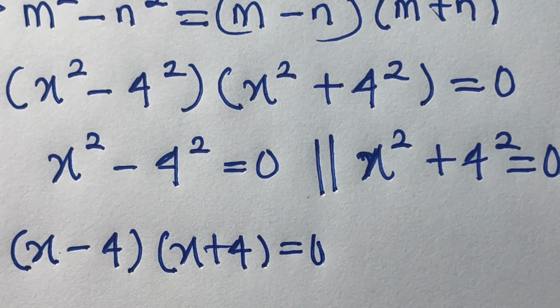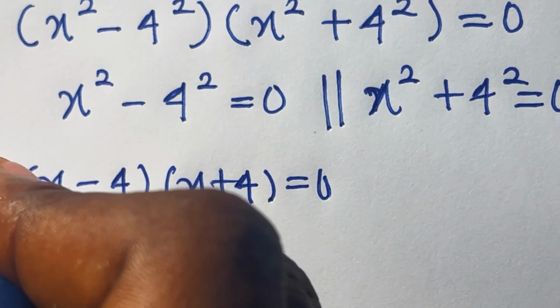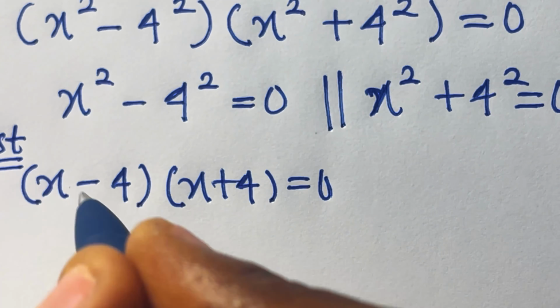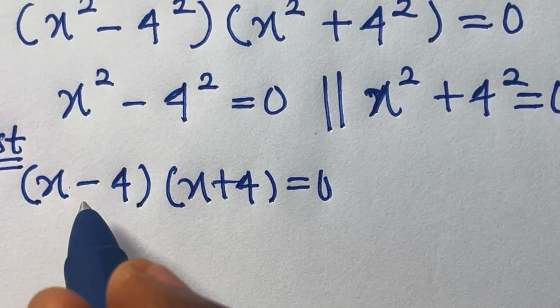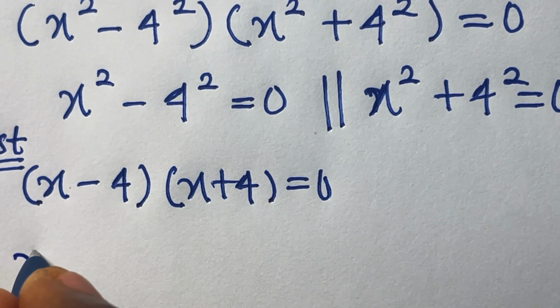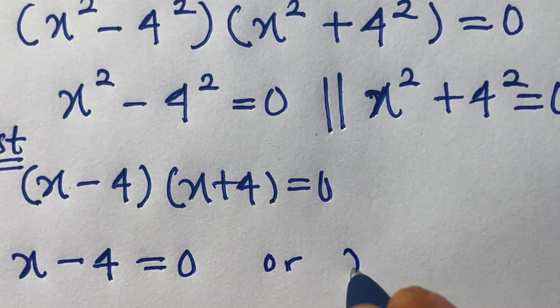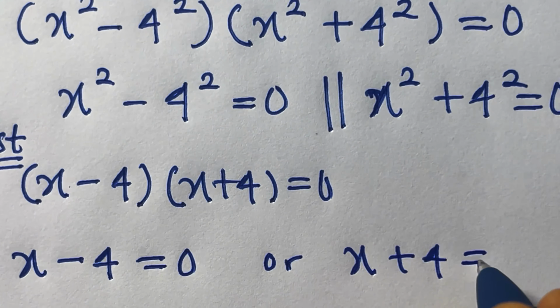Let's first deal with this. Let's say this is the first case. What this means is this equals 0 or this equals 0. So we have x minus 4 equals 0, or x plus 4 equals 0.